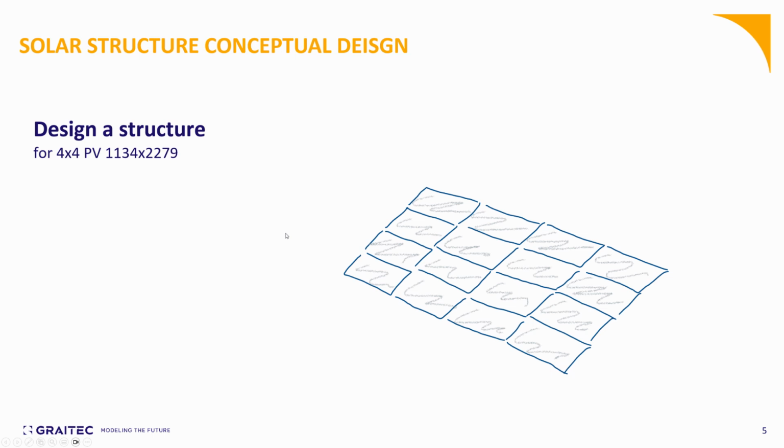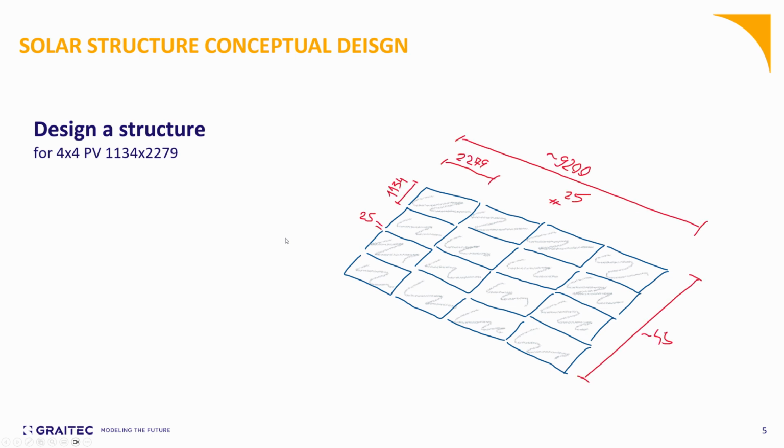Then we are assuming the dimensions mentioned there. We also assume 25 millimeters of gap between each panel to add the clamps and joints, etc. In total, these dimensions will be the width and length of the total planar area of our solar panel.